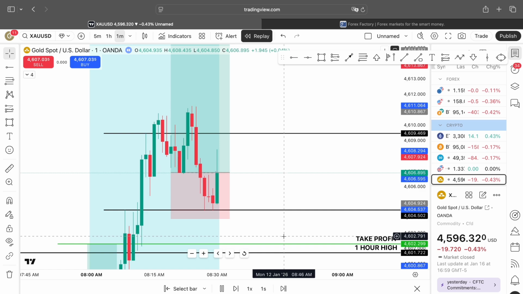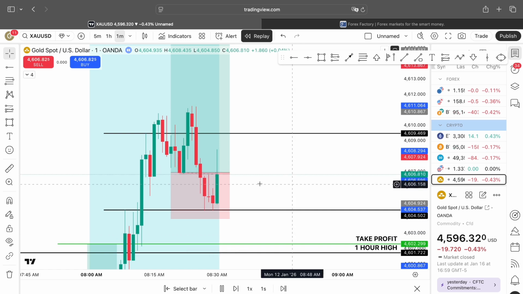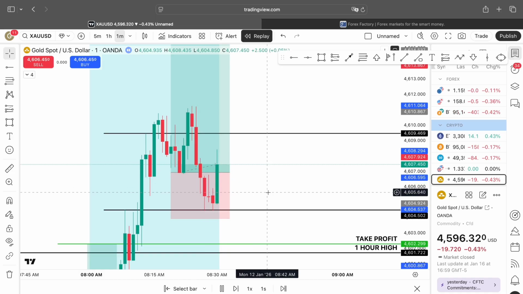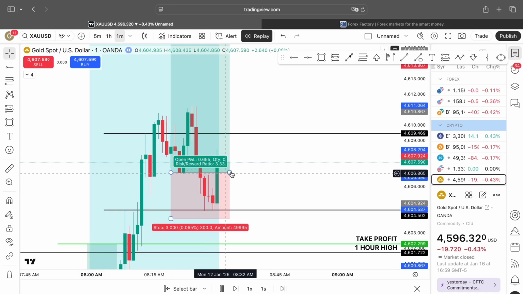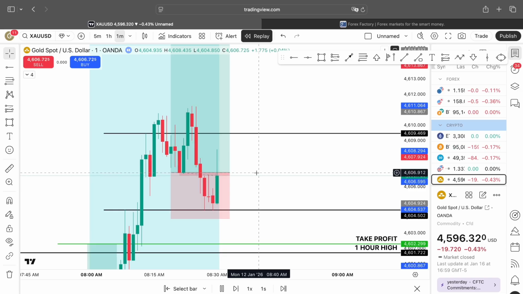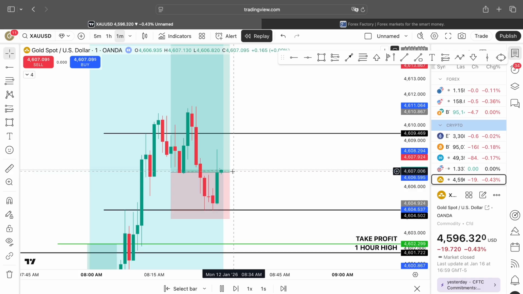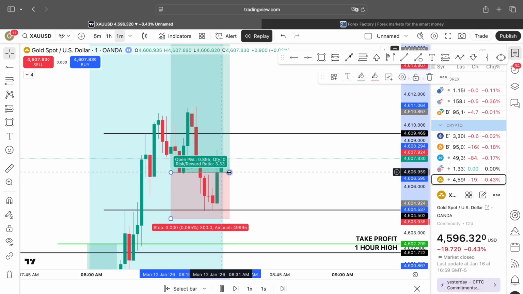All right, boom. Here we go, y'all. Bullish engulfing, I would take an entry right here. Whenever this candle finishes closing, if it closes as a bullish engulfing, I'm in. Boom, right here. Yup.